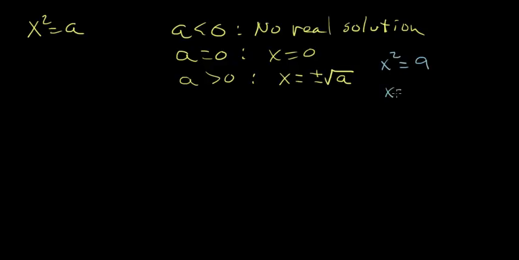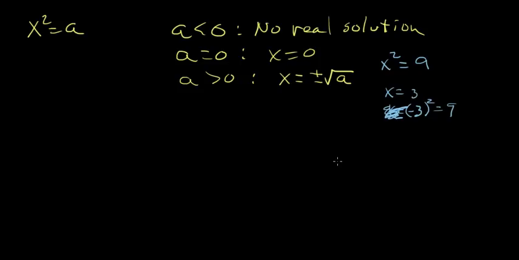Well, x is equal to 3, but x is also equal to -3, because -3 squared is equal to 9, isn't it? I hope you understand that, because we're going to move on from here.